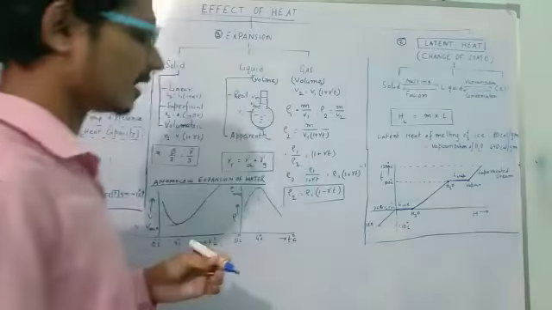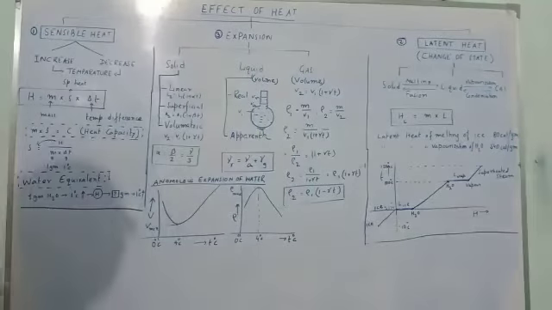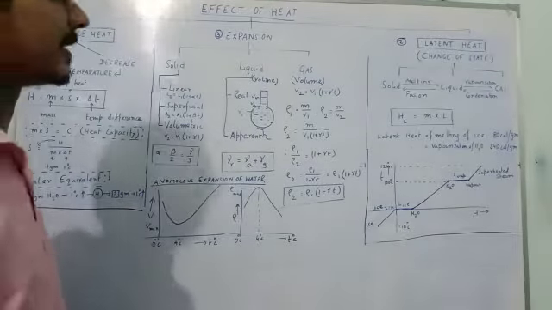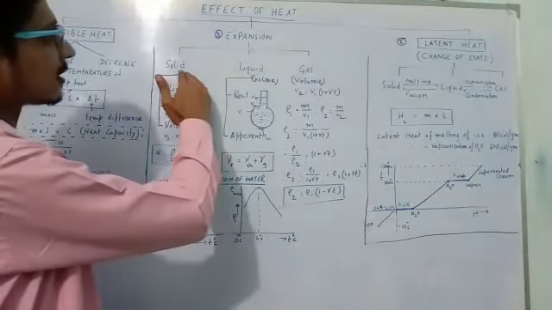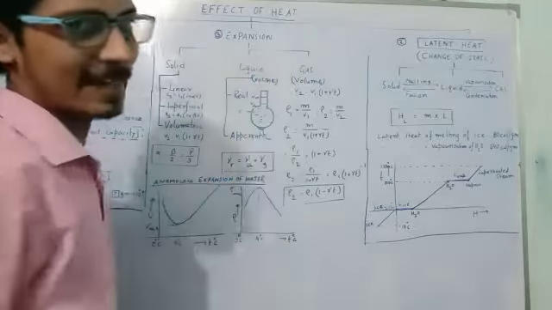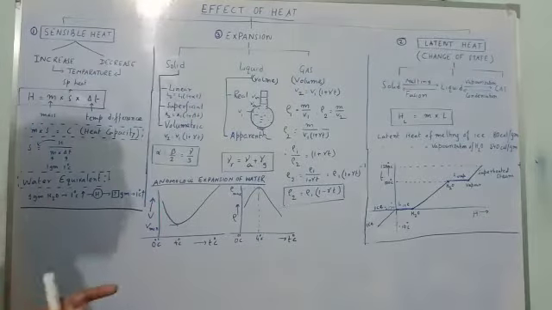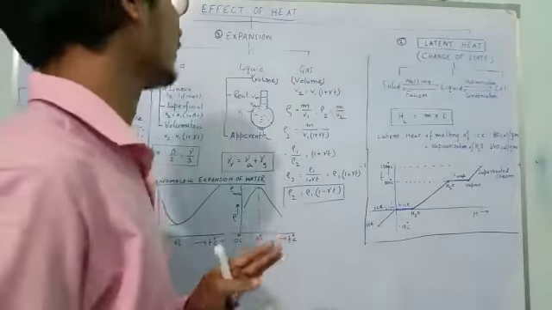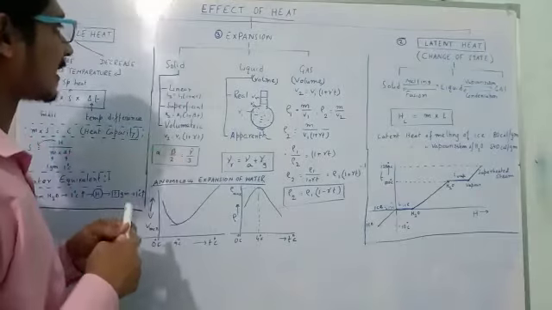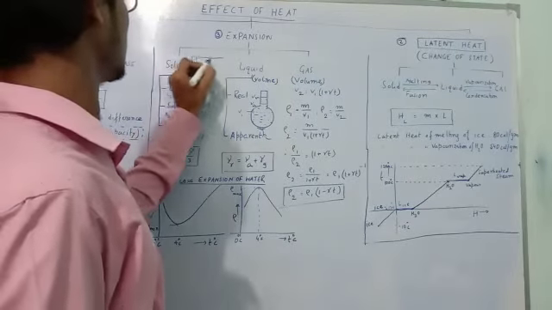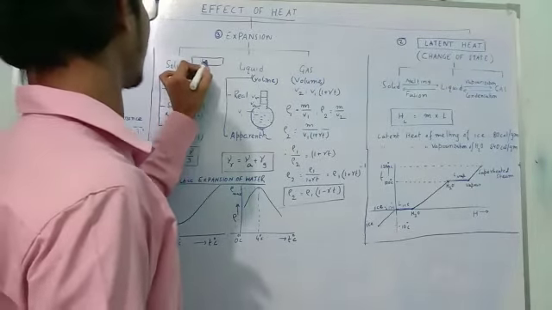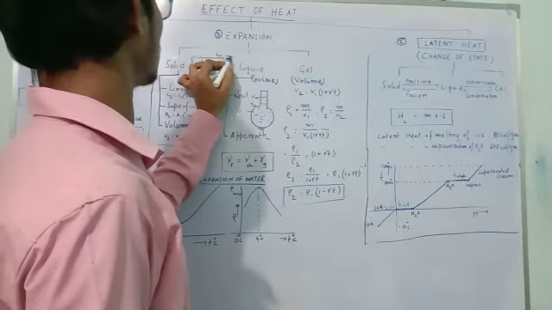The third effect of heat is very important, which gives rise to a certain quantity of expansion of the object. We have three kinds of object: solid, liquid and gas. In case of solid, we have three physical quantities: length, area and volume. If we apply a certain quantity of heat to a solid of length L1, then the length will increase to L2.